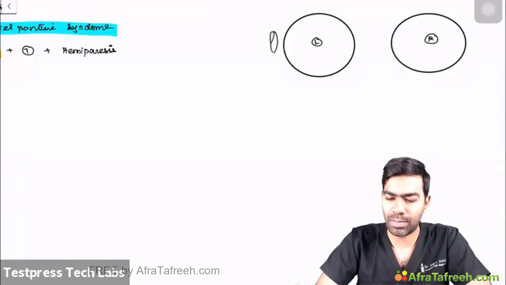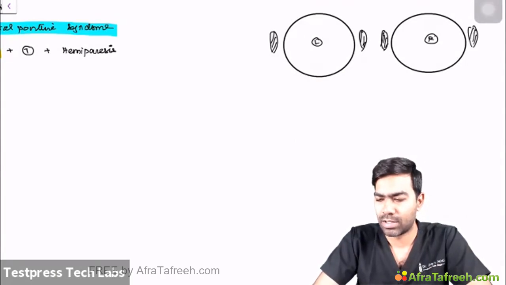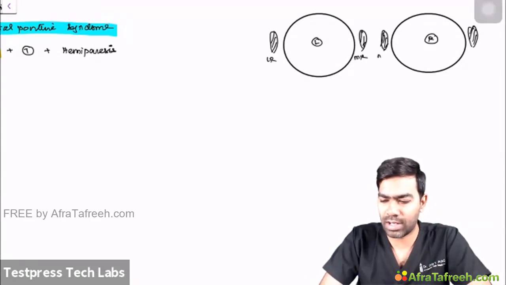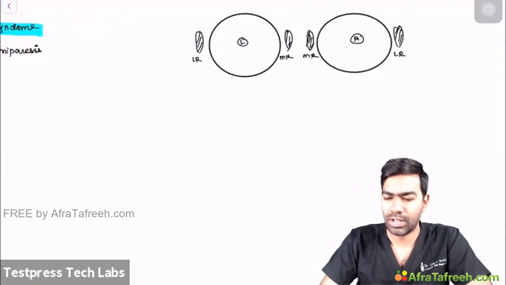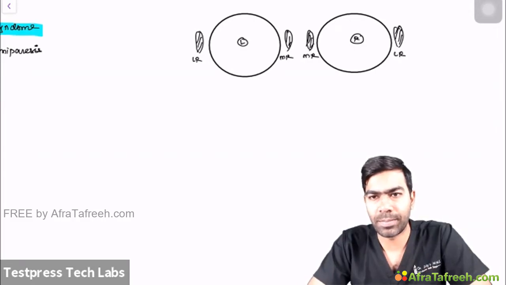So this is going to be the 2 recti muscles, the lateral and the medial rectus. You can imagine that this is a lateral rectus, this is a medial rectus for the left eye, and this is a medial rectus for the right eye, and the lateral rectus for the right eye. So now you know how these muscles are going to be separated.